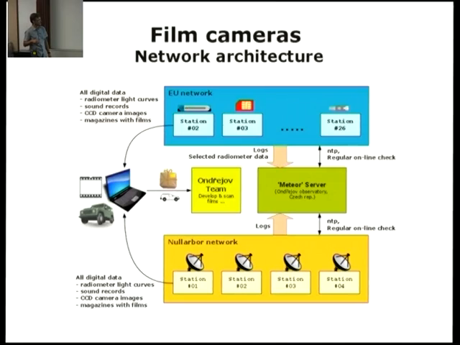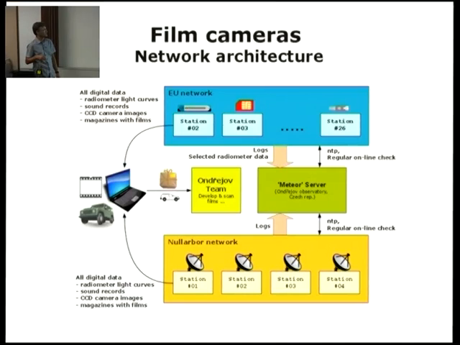So it's 4 automated cameras. The films have to be collected manually using human power, but logs and other information like radiometer data curves, that is data that can be collected through the internet.